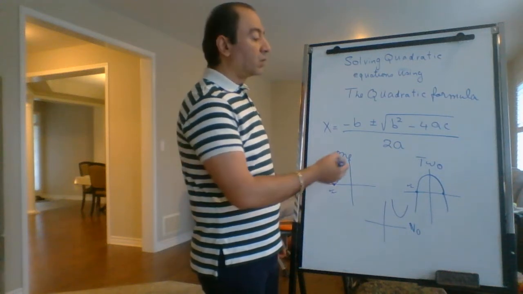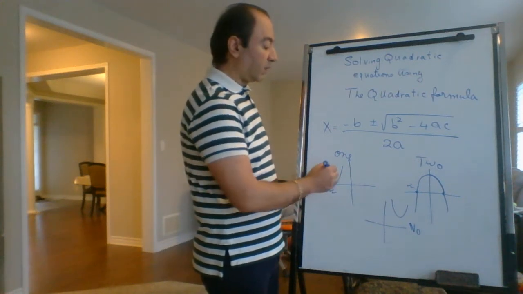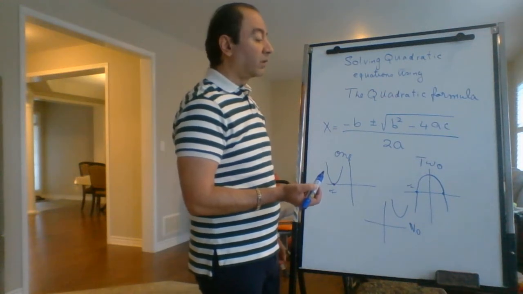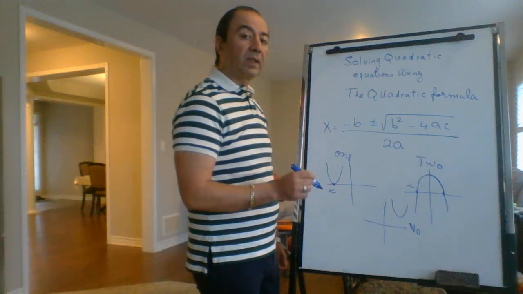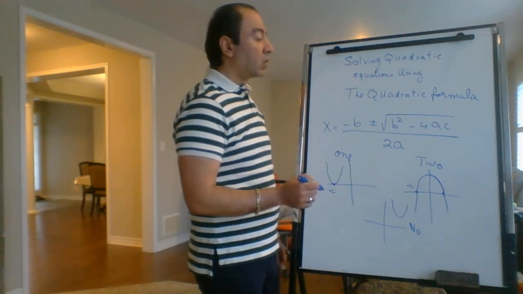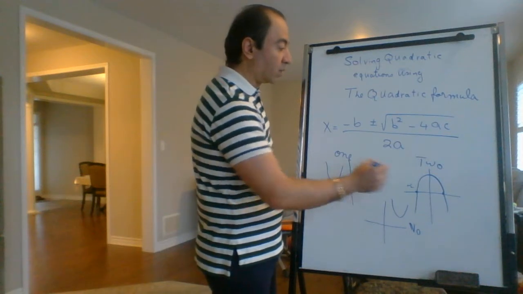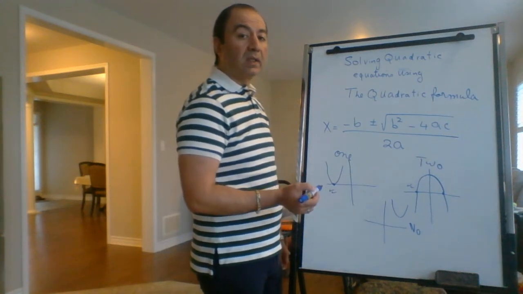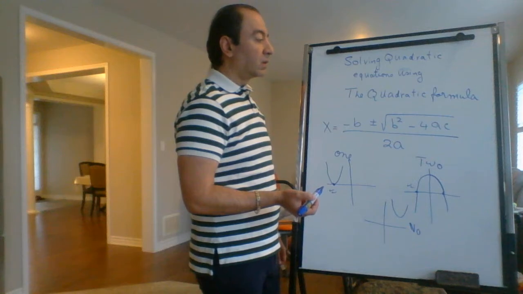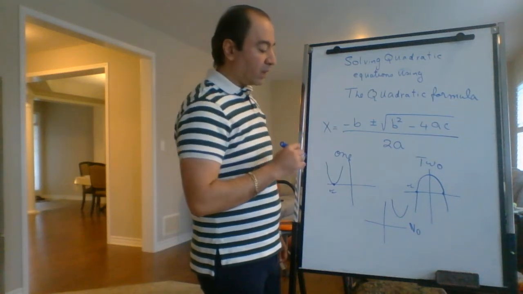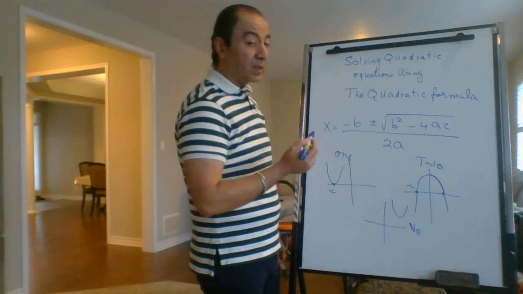Sometimes we are able to factor the quadratic and find the zeros. Some other times we cannot factor because not every quadratic is factorable. So if we cannot factor, we need another method to find the zeros, and those are usually irrational roots.